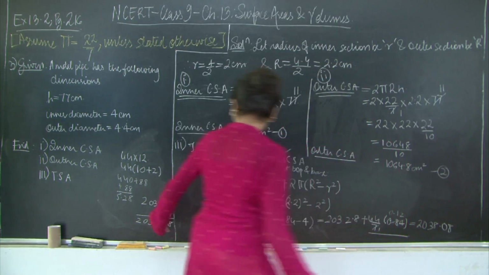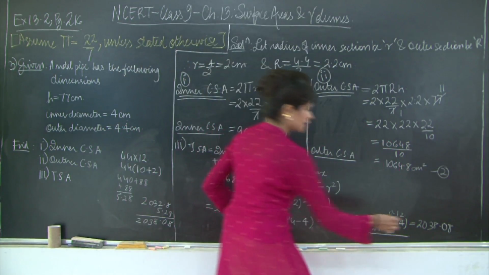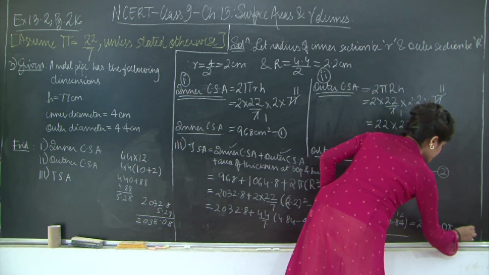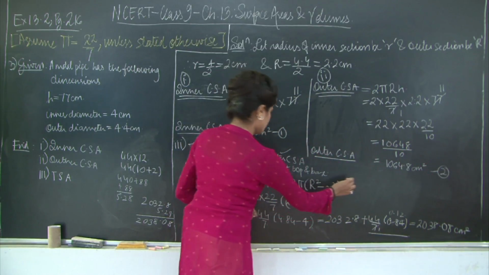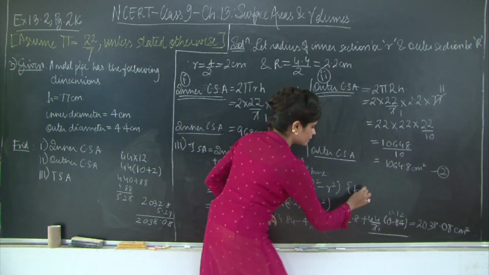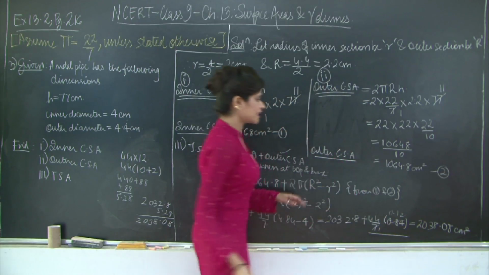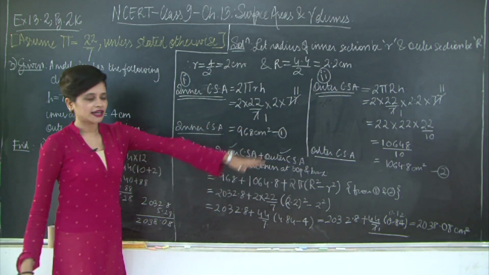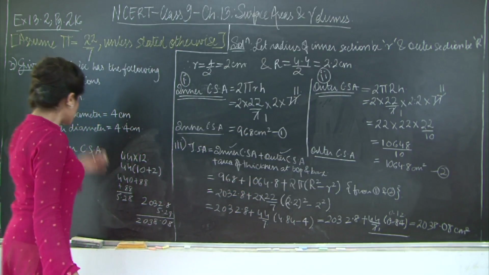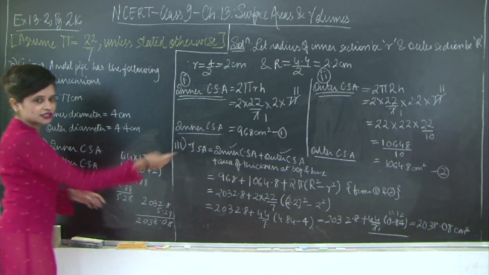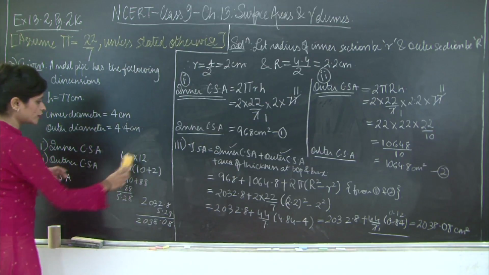So 2038.08 centimeters square. And here I will say from 1 and 2, because we are taking the curved surface area, the inner curved surface area and the outer curved surface area. So let us write the answers here itself, since we do not have sufficient space on the board.